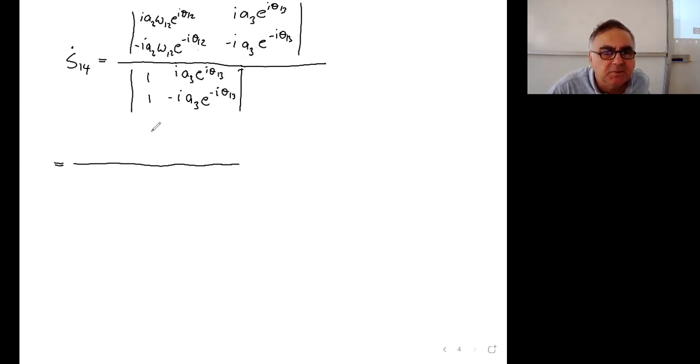I's multiplied to get I times minus I gives you a minus I squared, which is 1, for example. So you get A2, A3 times e to the I theta 1, 2 minus theta 1, 3 here.